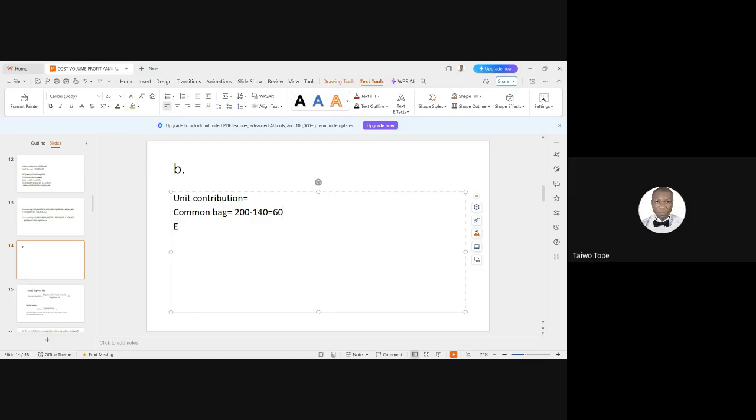For executive bag, it will be 300 less 180. The result will be 120. So the break-even point for common bag: our fixed cost is 12 million divided by 60, then you have 200,000 units.